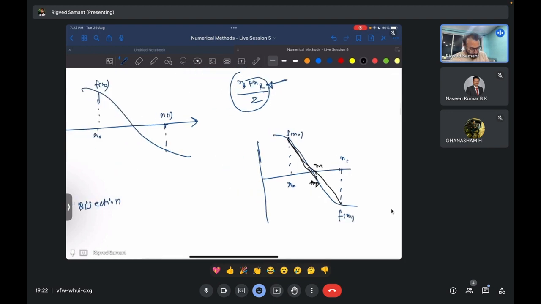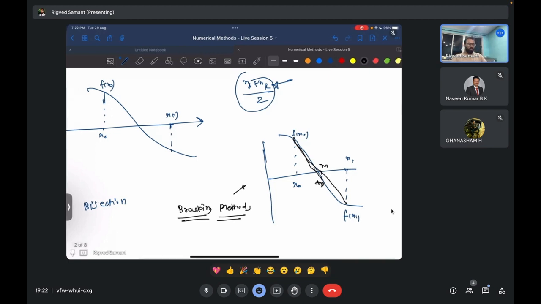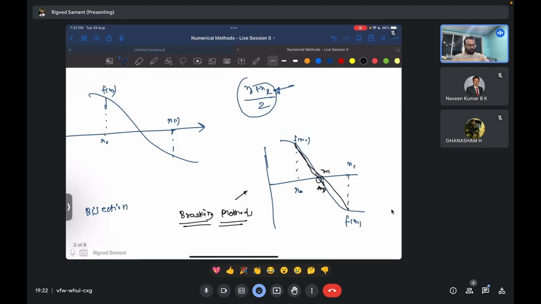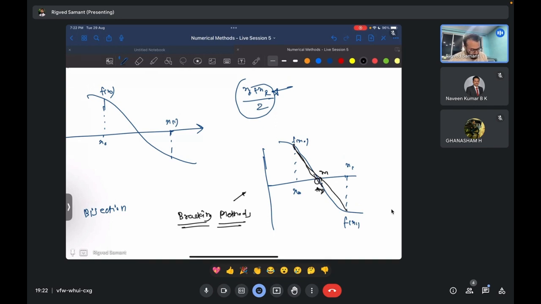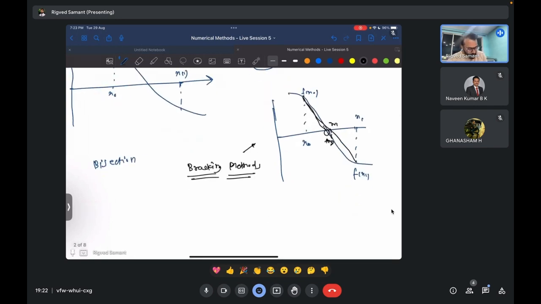Now these two methods are bracketing methods. And how did you keep these two solutions around the one actual solution? You checked for a change in sign, right?